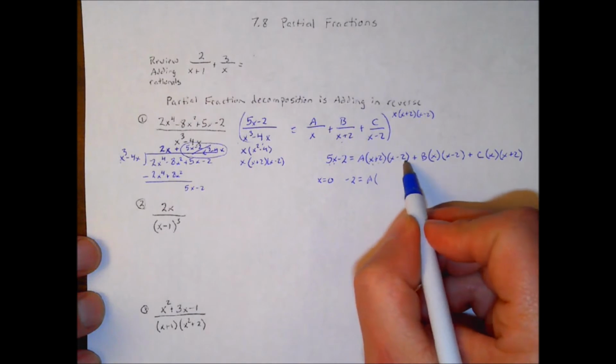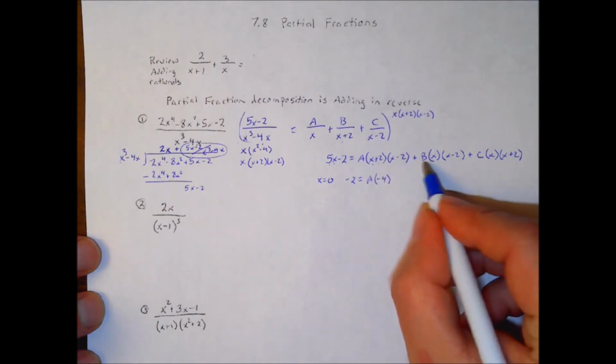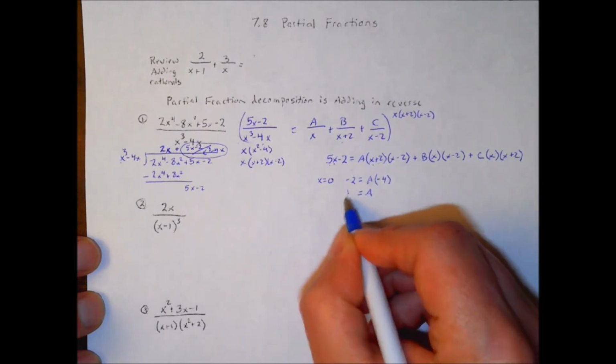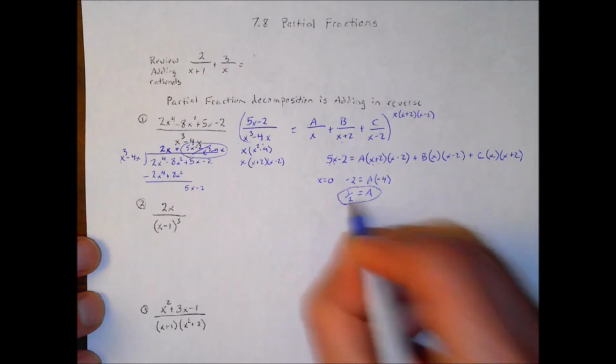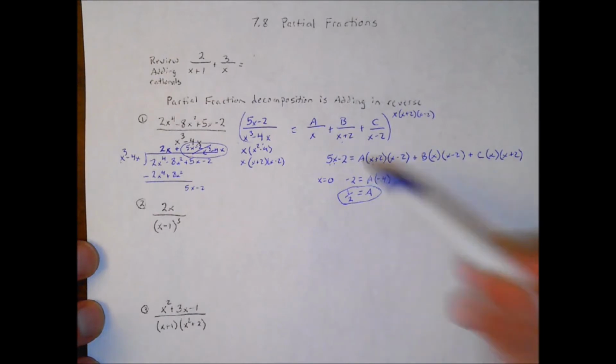And 0 here makes that 0 and 0. So if I solve this, I get a is equal to 1/2. Now, if I know a is 1/2, I can substitute it back in.